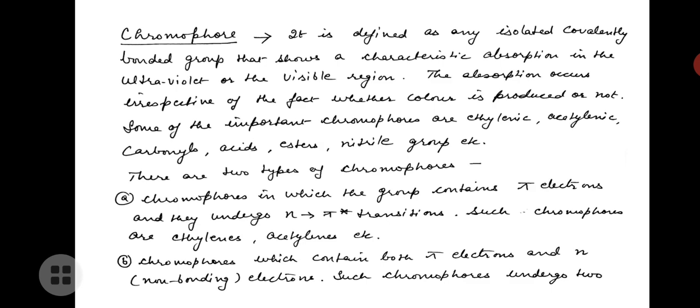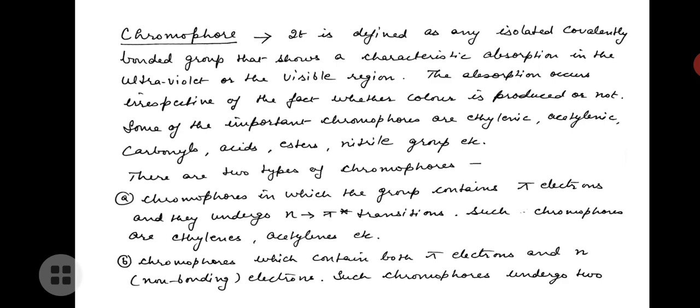Now next, let us study a chromophore. All those compounds which absorb light of wavelength between 400 to 800 millimicron appear colored to the human eye. Exact color depends upon the wavelength of light absorbed by the compound.